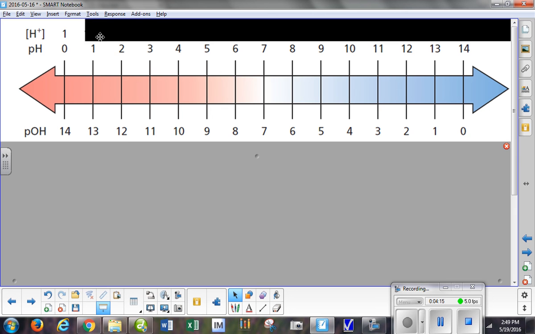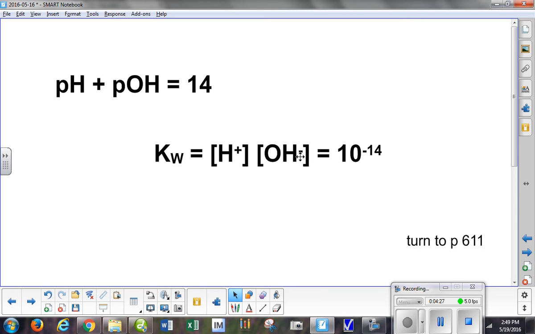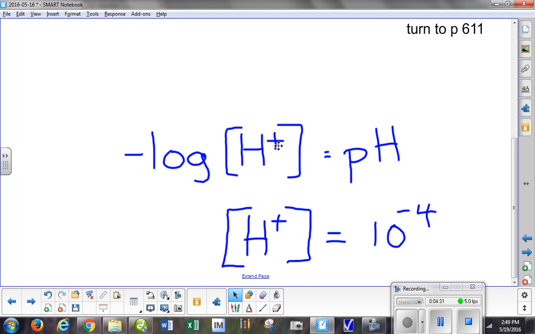As soon as we get into powers of 10, 10 to the minus 1 is going to be, take that minus 1 and change it to the opposite sign. See? That's what these guys do. Right down here. So the minus log of the hydrogen ion concentration is equal to the pH.